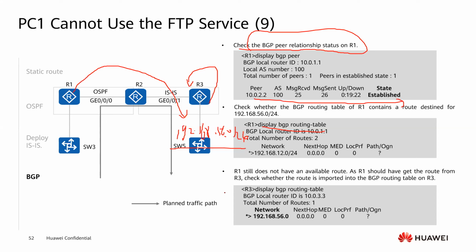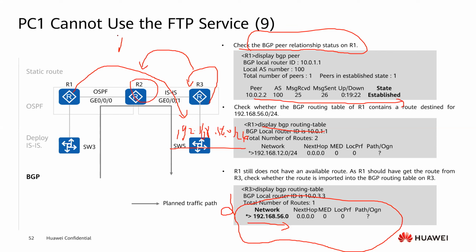So we must check R3. Display the BGP routing table. We find R3 has correctly imported the route into BGP, but R1 hadn't learned it. Then we must check R2, because R2 is the route reflector.